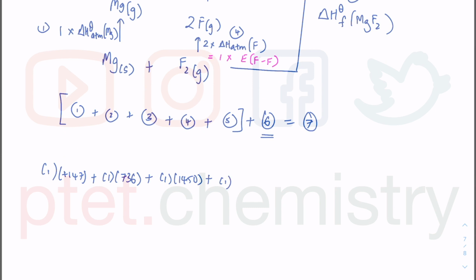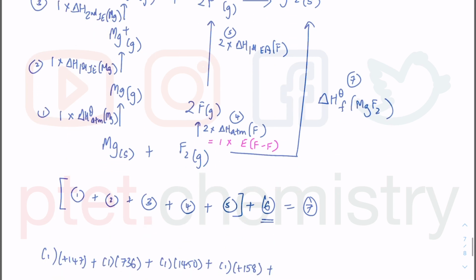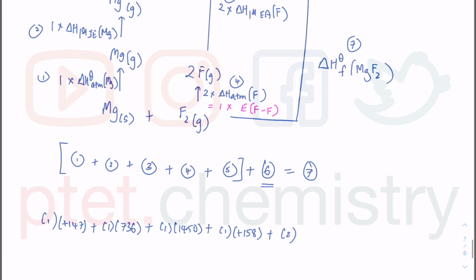So I'm breaking 1 mole of the covalent bond. And 5 is 2 times the electron affinity, because I started with 2 mole of the gaseous atom, and I get 2 mole of the gaseous ion with a single -1 charge. So plus 2 times minus 348, and all that in the square bracket.